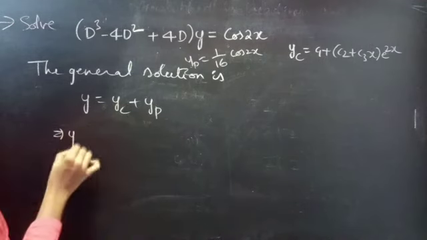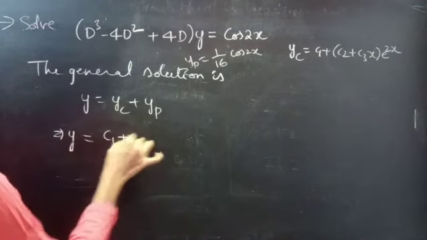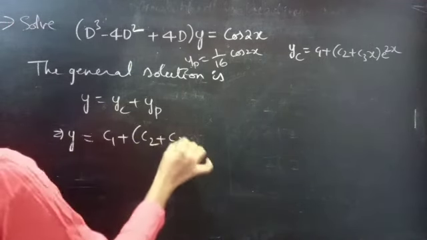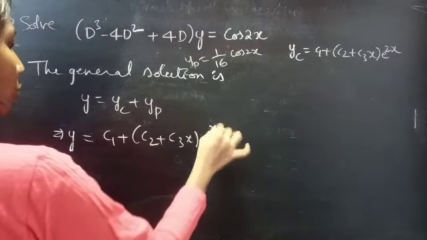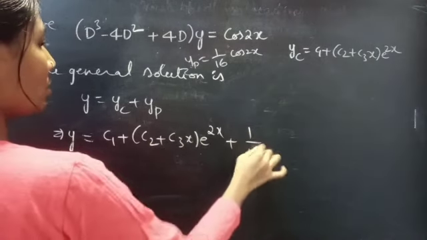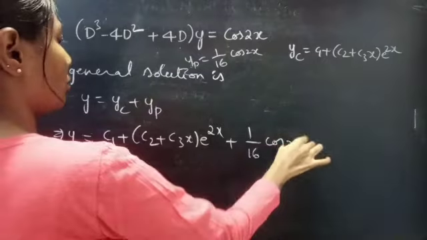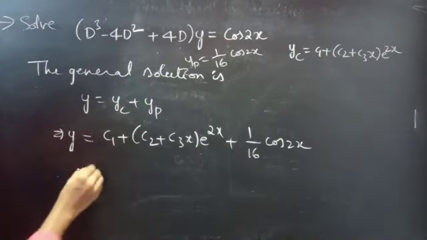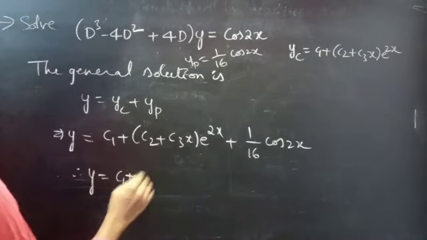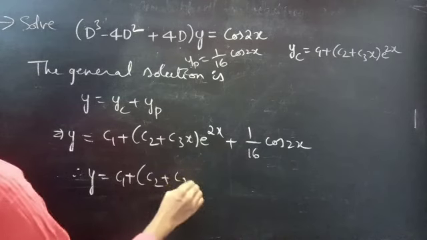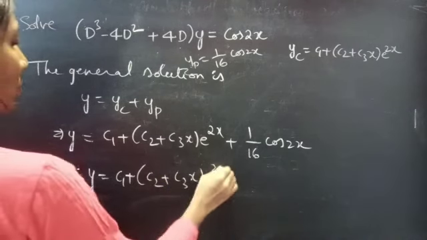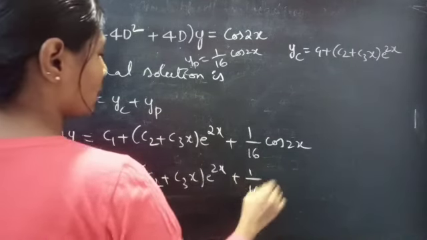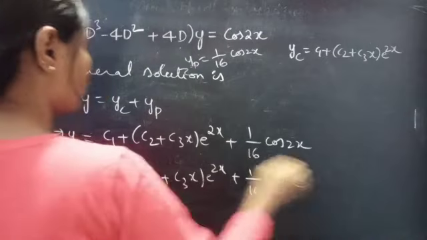Then y equals, we have yc as (c1 plus c2 x plus c3 x square) into e power 2x, plus yp, 1 by 16 cos 2x, which is the required solution. Therefore y equals (c1 plus c2 plus c3x) e power 2x plus 1 by 16 cos 2x.